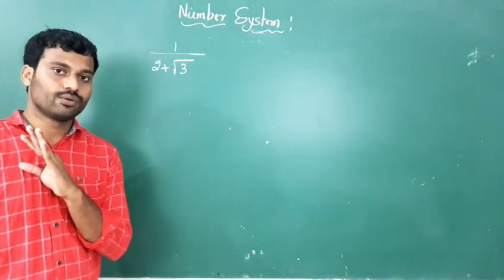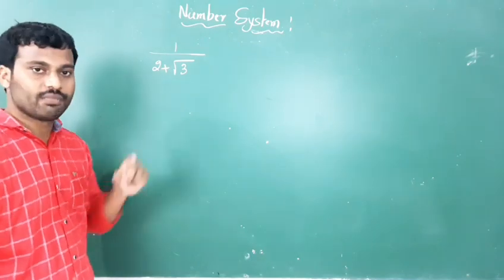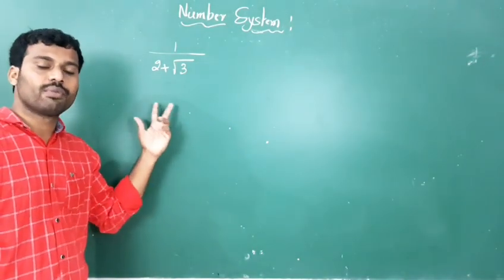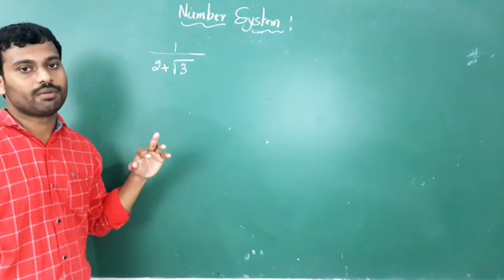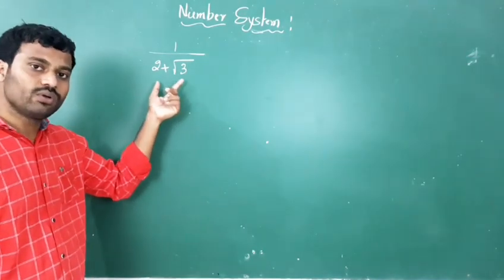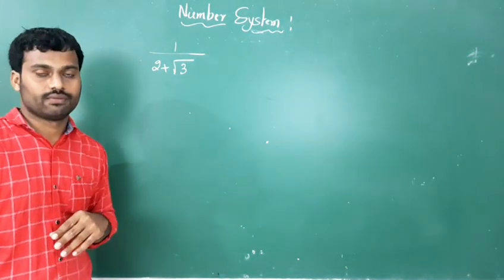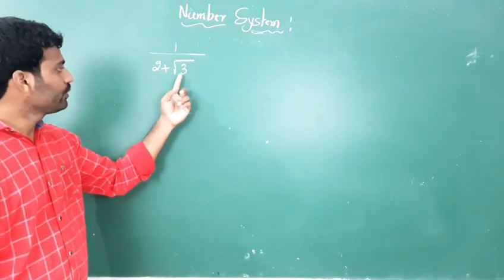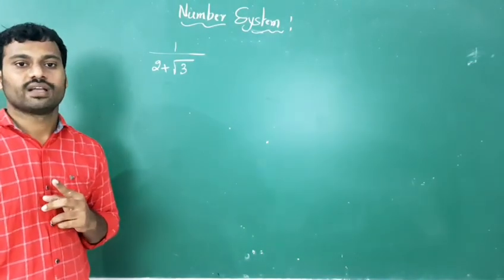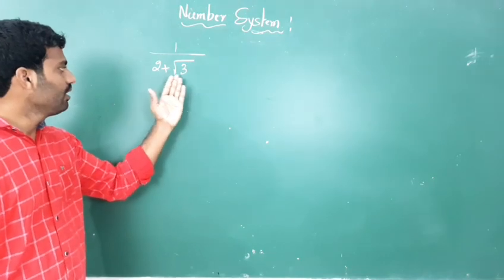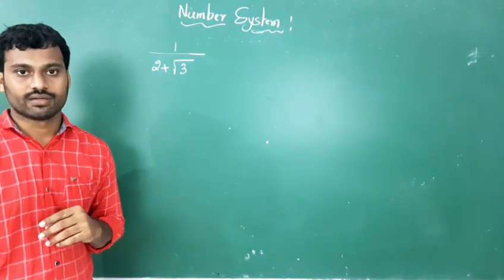For that, you should look at the denominator. Is it a monomial or binomial? Monomial or binomial means: in the denominator, only one term is there, or more than one term. Clearly two terms are there. One is rational, one is irrational.